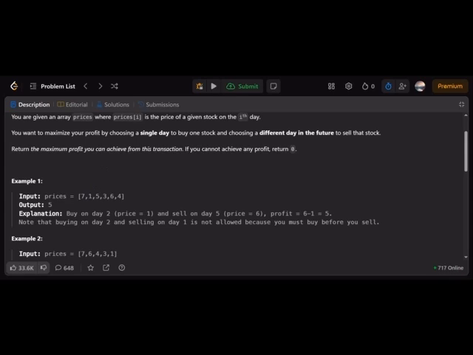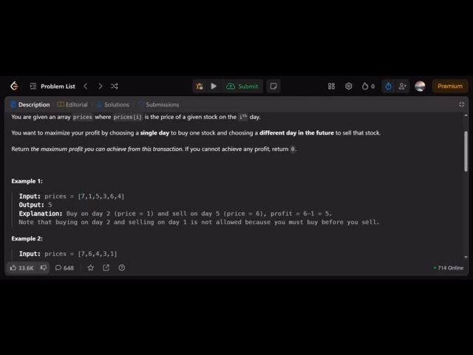For example, let's assume this to be the first day. So on your first day, you are given a price of 7. Now the problem here is that in the upcoming days, you have to sell the product. For example, on this day I buy it at the price of 7.